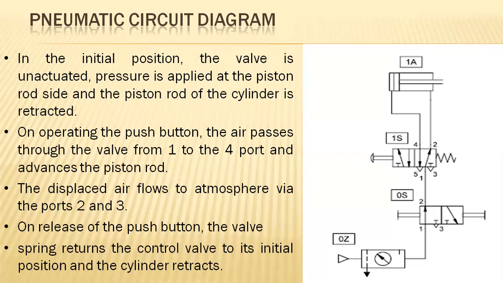This directional control valve is operated with respect to push button, spring return, and it has 5 different ports and 2 different positions, and hence the name of this main DCV. So it is a 5 ports, 2 positions, 5 by 2 way directional control valve, push button operated and spring return.